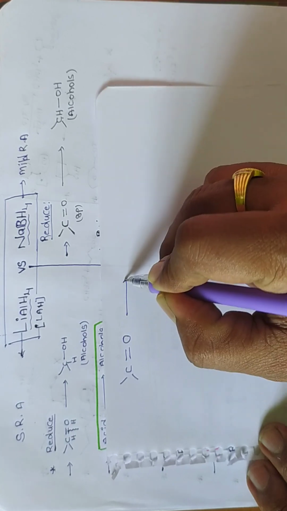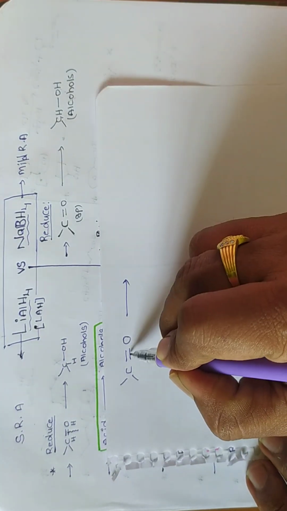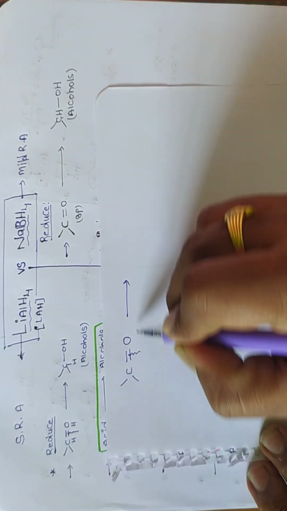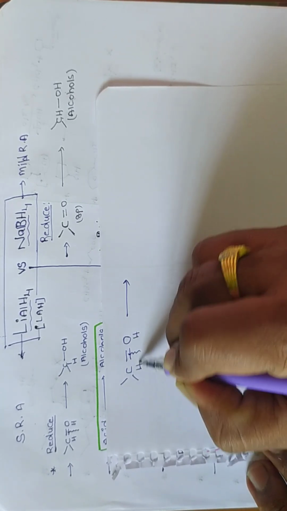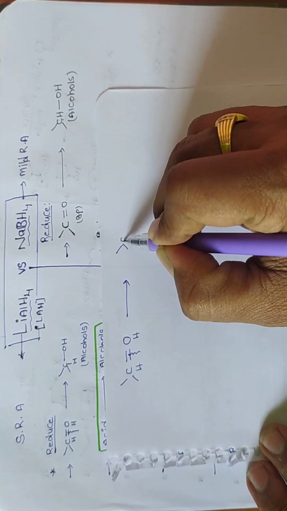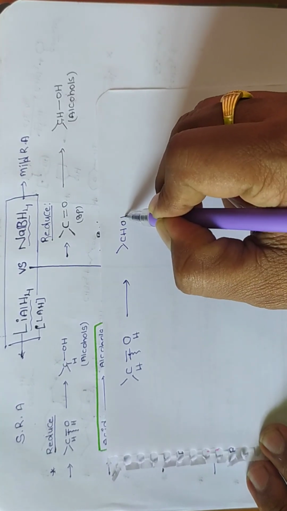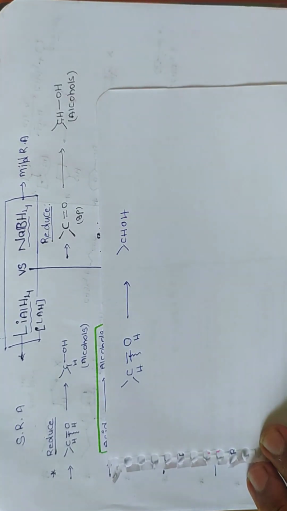These reduce by breaking the carbon oxygen bond. Here you should add H, and add H on this side. So we are going to get an alcohol. The C=O group is converting into this.